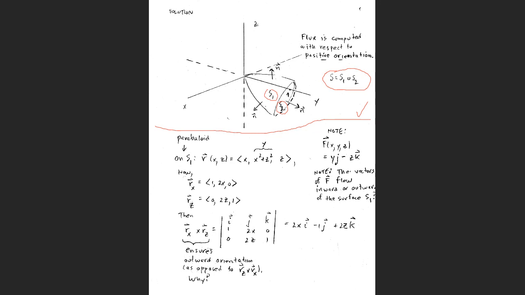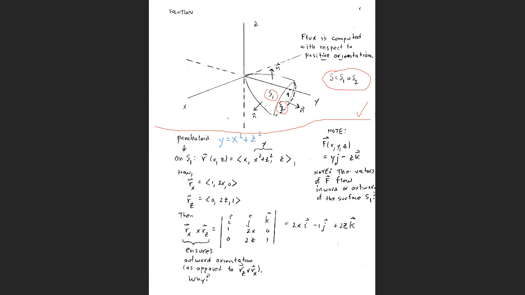Okay, so, all right, well, here we go. So the paraboloid, remember, what was the equation of the paraboloid? The paraboloid had equation y equals x squared plus z squared.